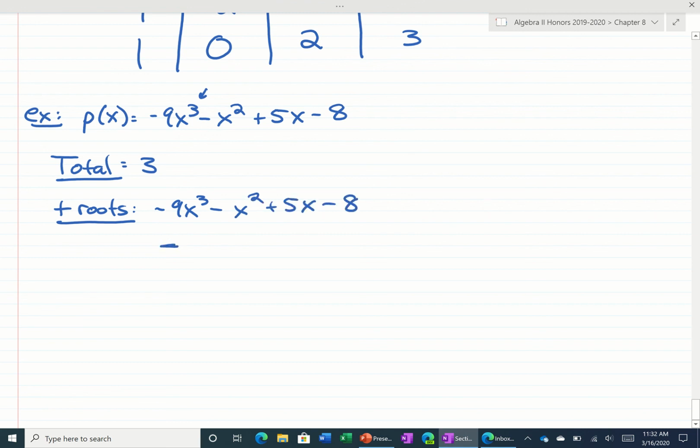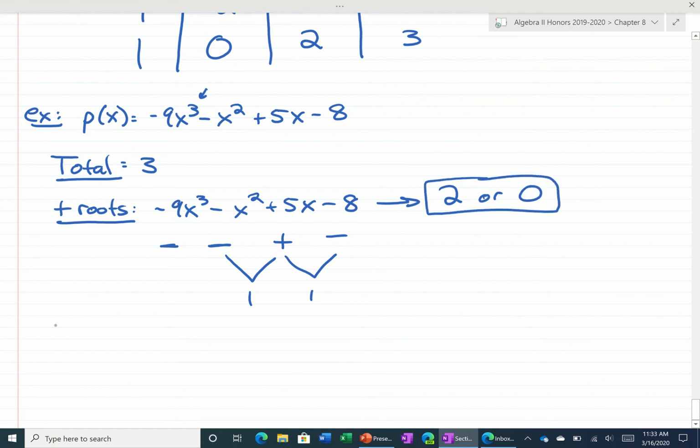This is a negative term, this is a negative term, this is positive and negative. So negative to negative doesn't change, negative to positive changes, positive to negative changes. Those are 2 sign changes, so we say 2 or 0.